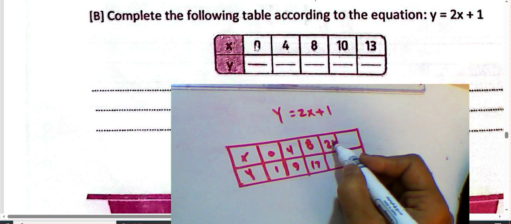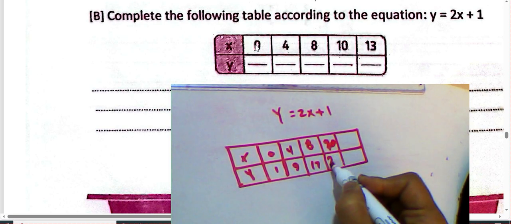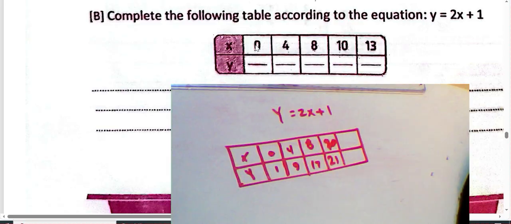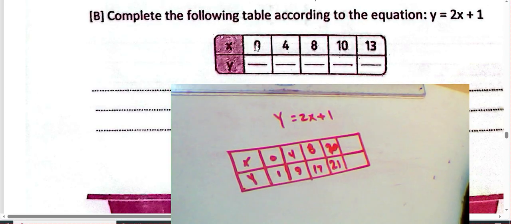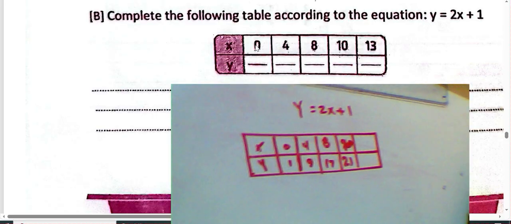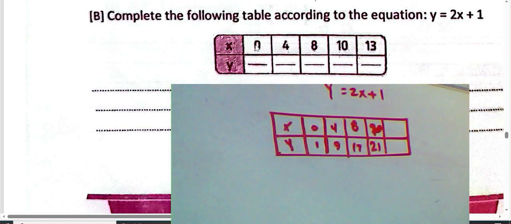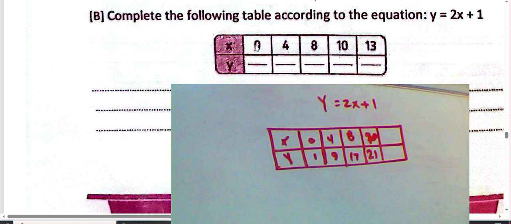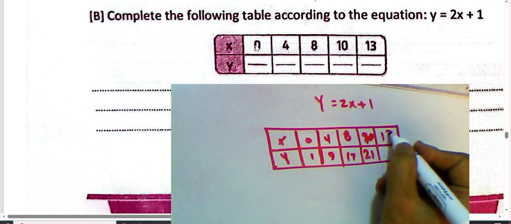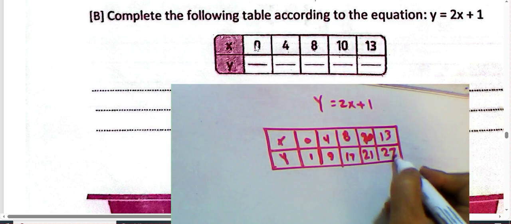Then we have here 10. The image will be 21. Okay, and the next, put the value x equals 13. 2 times 13, 26 plus 1 equals 27.